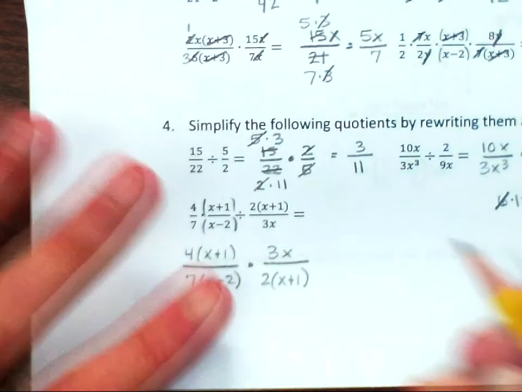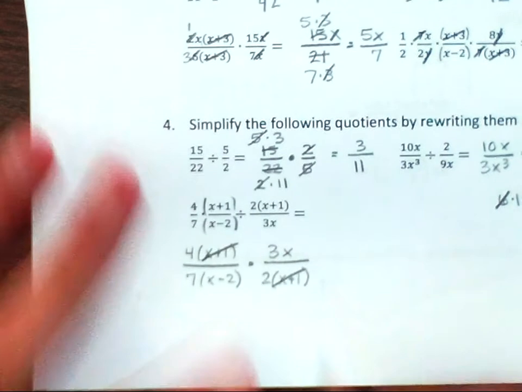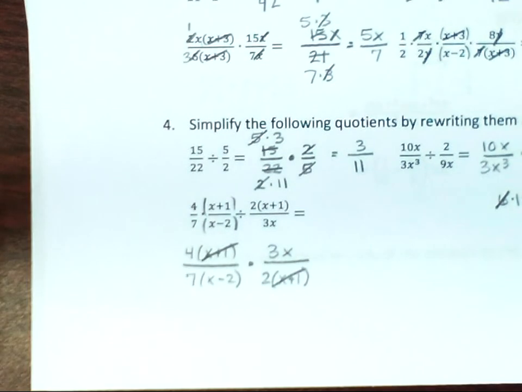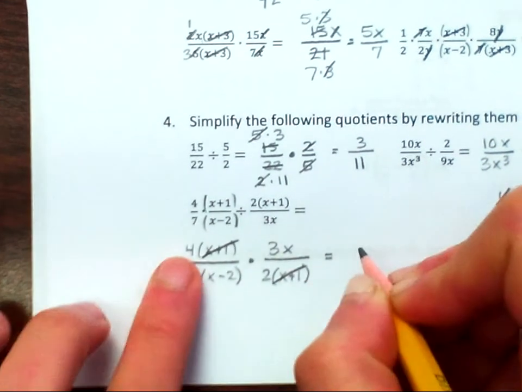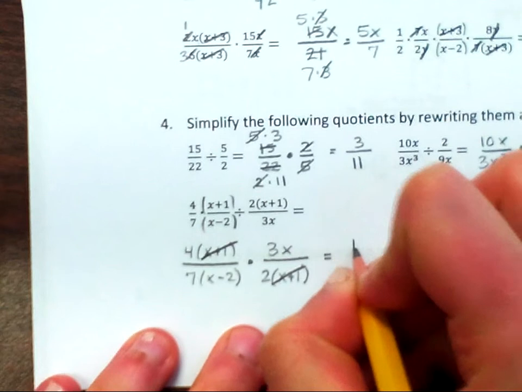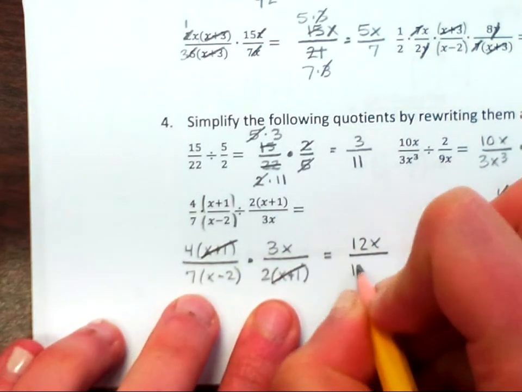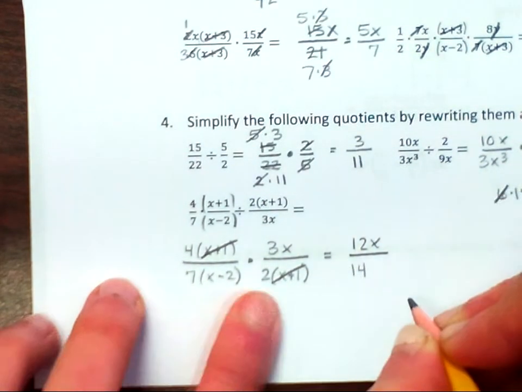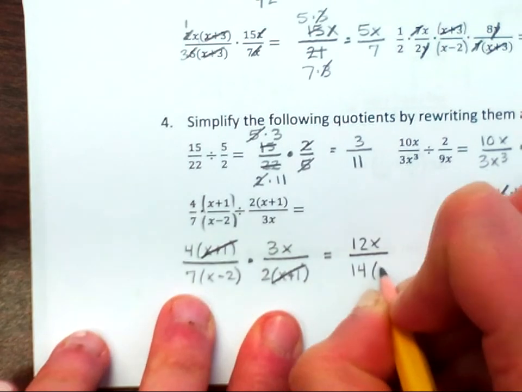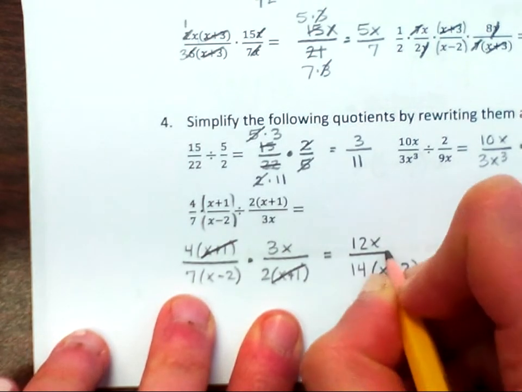Now I can clean this up. Okay, x plus 1's cancel. And then we can multiply 4 times 3x, which is 12x, over 14, because I can multiply the 7 and the 2, over x minus 2.